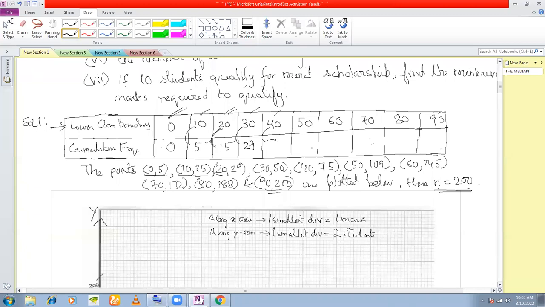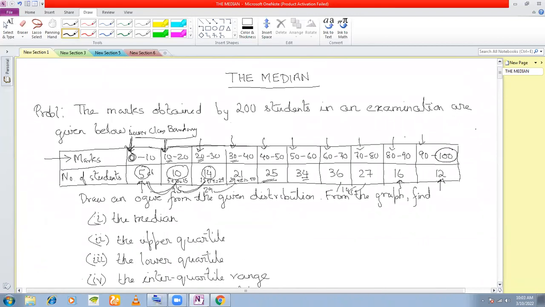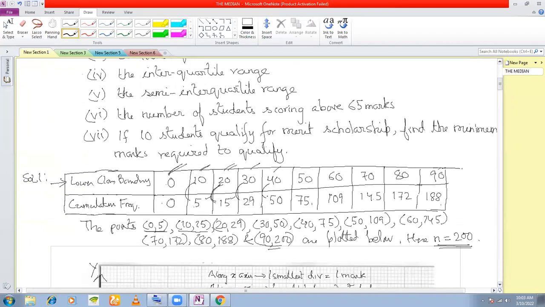So 29 you have, then you'll get 50, you'll get 75, then you'll get 109. Next, you're going to get 145, 172, 188. And finally, from 90 to 100 you have to take this also. So you have your 100 here. For 100, you're going to get 200. So these are the points.